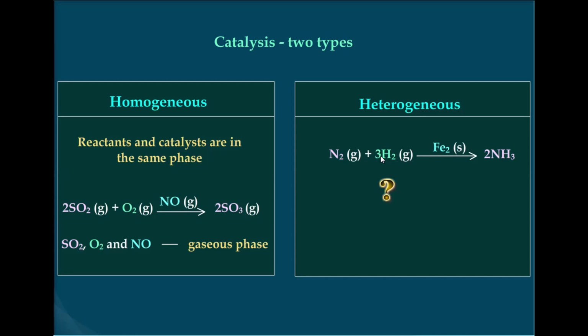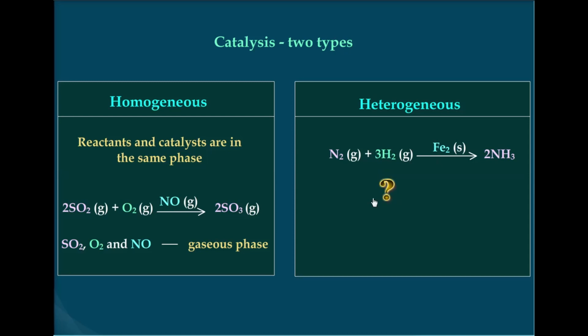Heterogeneous catalysis: you can easily find out what is heterogeneous, because if you know homogeneous, heterogeneous is very easy. It is when the reactants, the products and the catalyst are in different phases. In this reaction, the formation of ammonia example is given. Nitrogen and hydrogen combine to form ammonia. The catalyst is iron.